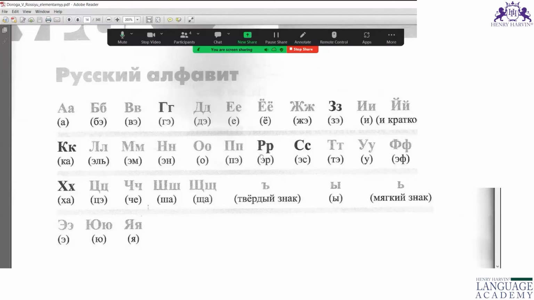Pay attention, this is r, like the tiger is roaring. Don't read it as English P. This is k, and this is English k, right? In Russian, this is s, and this is ha, ha, ha.